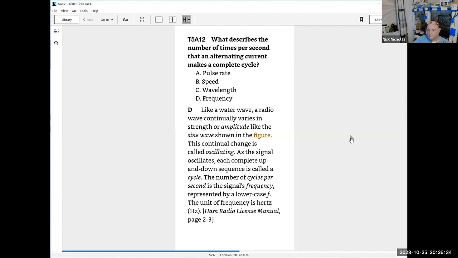By the way, if you've got a 50 megahertz cycle, that's 50 million times a second that the signal goes from zero to positive max, back down through zero to negative max and back again. That's 50 million complete cycles of the wave.